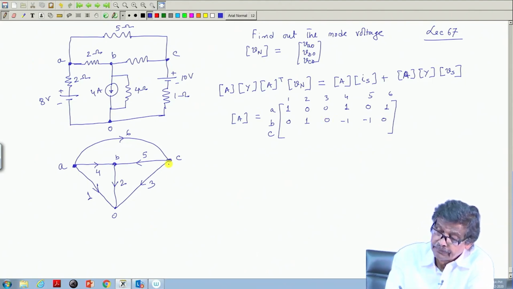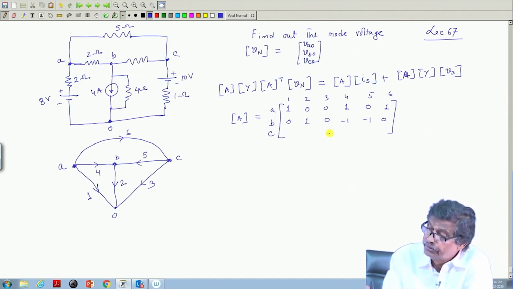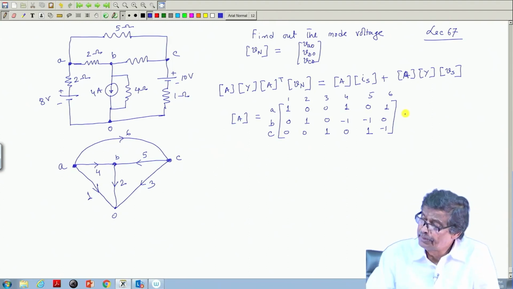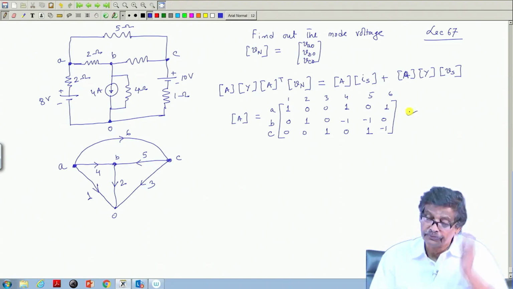At node C, 3 and 5 coming out. So, 3 is plus 1, 5 is plus 1 and 6 is minus 1 and all others are 0. So, the A matrix is known, therefore, I can calculate A transpose etcetera. So, the A matrix is the first thing we do.